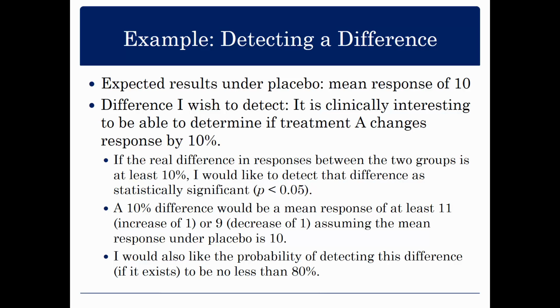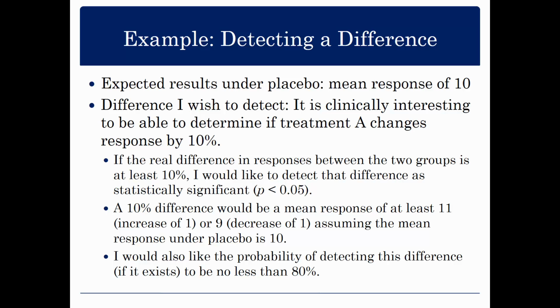Well, there's one approach. I need to understand what kind of results I should expect in patients who are getting the control or getting the placebo. For instance, maybe I know that they should have on average a response of 10. And then I have to understand the difference that I wish to detect.